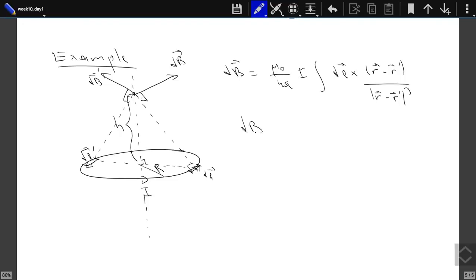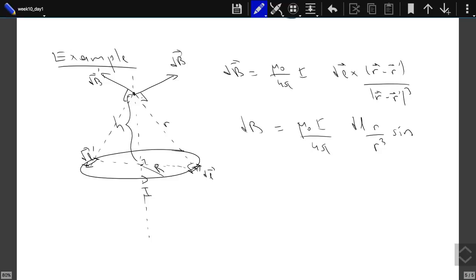But observe there is no integral over here. The magnitude of dB: what is the magnitude of dB? Let's say this length is small r. It is just dl r over r cubed, times the sine of the angle between the two.